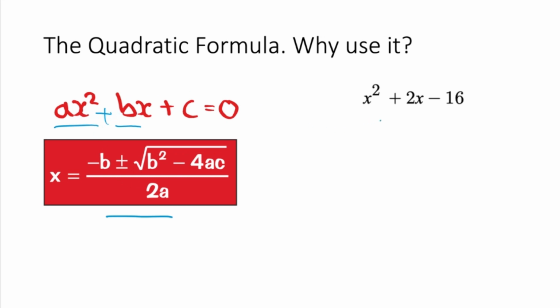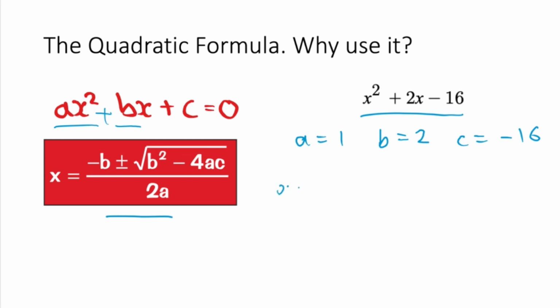Okay, so for example, let's say we had x squared plus 2x minus 16. A would be 1, b would be 2, and c would be negative 16. And then you would replace each value in the formula.